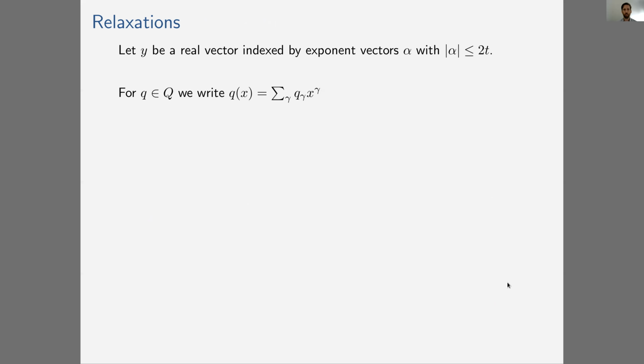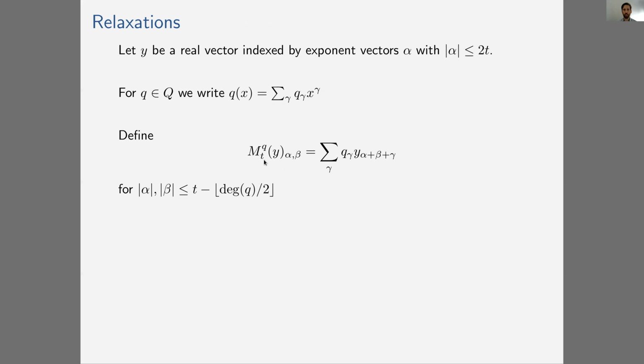So if you take a polynomial q from our set capital Q, then we write q of x as the sum over gamma of q sub gamma, which is the coefficient, times x to the gamma. Now we again define localizing matrices, but not of the measure mu, but instead of this real vector. So how does it work?